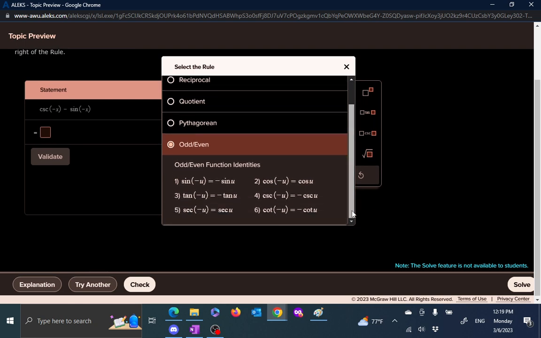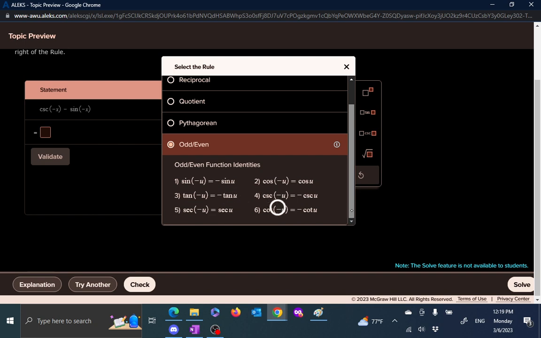So you remember that cosine and secant are even functions. That is, if you change the input from positive to negative, they don't change. Cosine of minus u, same as cosine of u. And secant of minus u is same as secant of u.